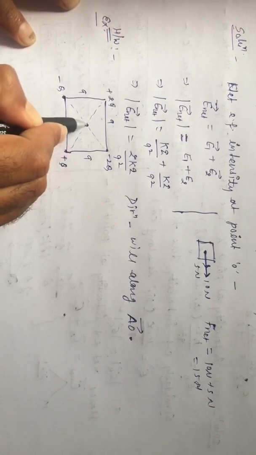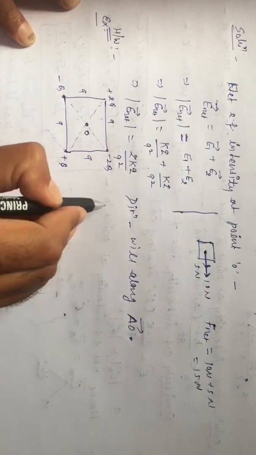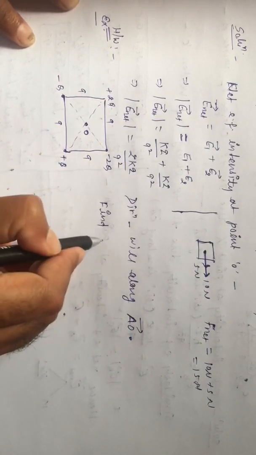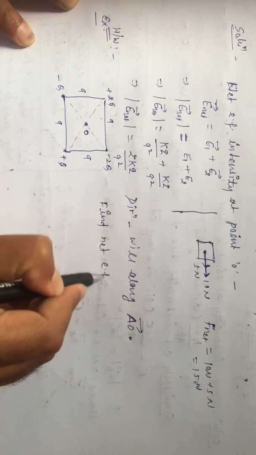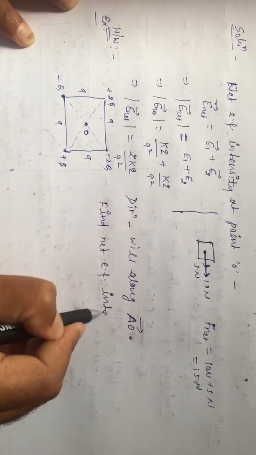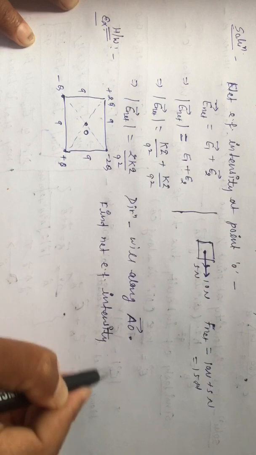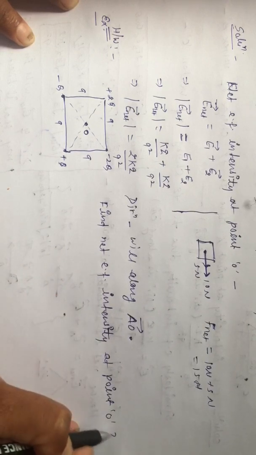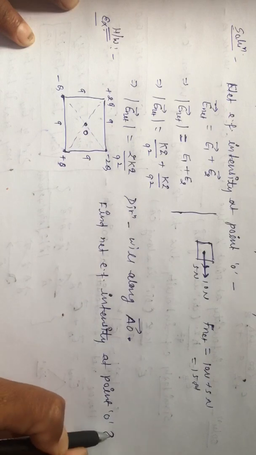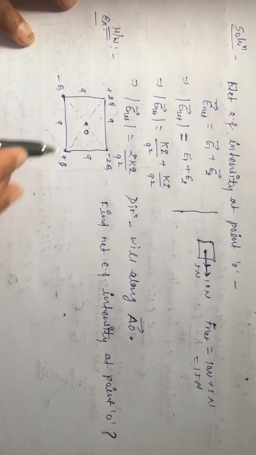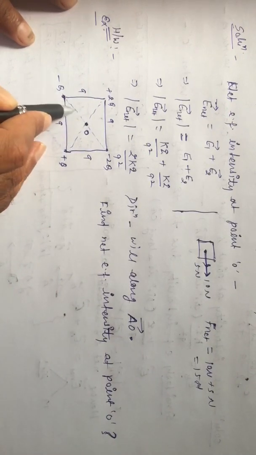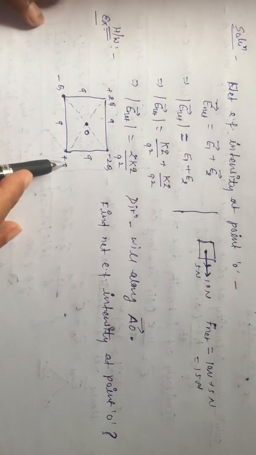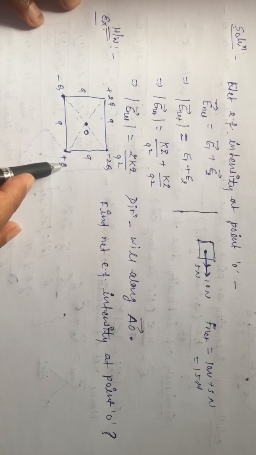This is the centre of the square, point O. Find the net electric field intensity at point O. This question is homework for you. Solve it. If there is any problem, I will provide the answer to this question in the PDF. Okay. Thank you.